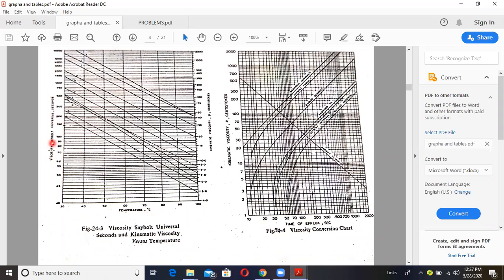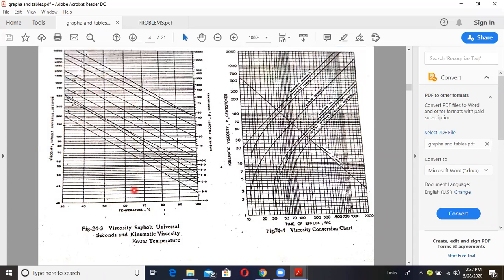On the y-axis you have viscosity in Saybolt universal seconds, and on the other side it has kinematic viscosity, and you have a number of curves, that is A, B, C, D up to K.